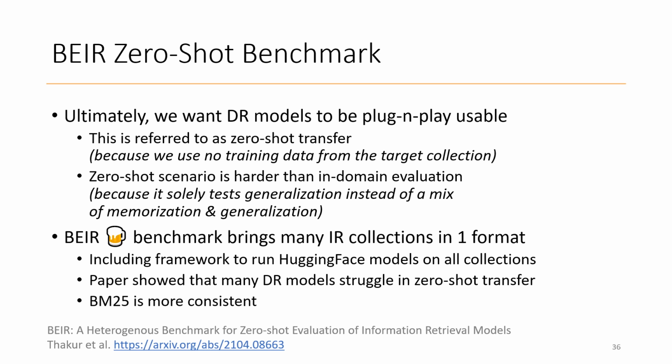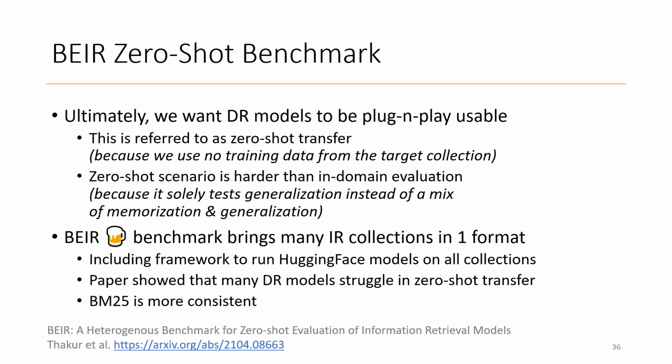And zero-shot is harder than in-domain evaluation, because now we solely test the generalization capabilities instead of a mix of memorization and generalization. So the BEIR benchmark brings many IR collections into a single format, and it includes a framework to run Hugging Face Model Hub models on all those collections.